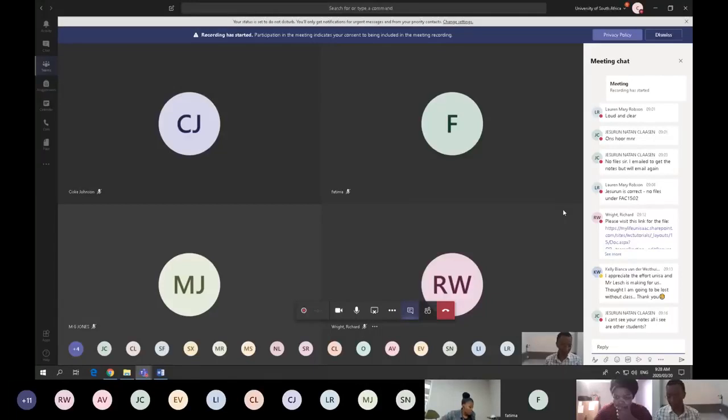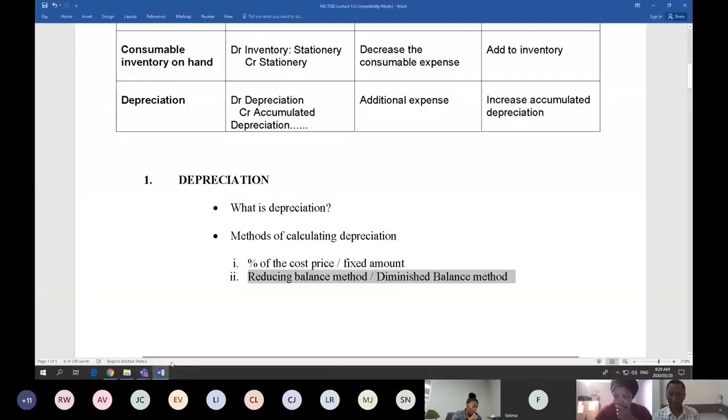And remember, diminishing balance method, first calculate the carrying value, which is cost minus accumulated depreciation. Once you've got that amount, you take the percentage on that amount. Right, that is as far as the calculation is concerned for depreciation.